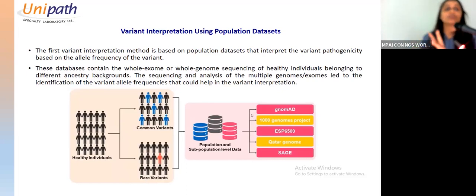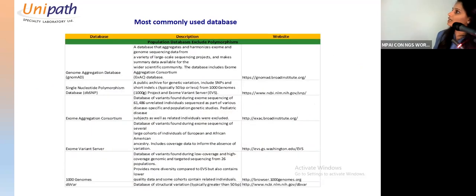If you are checking, it's necessary to first check the global frequency. Along with that, you need to check SAS, the South Asian population, because some of the population is very much Indian. So that's why you can make decisions on that basis. These are the list of databases which can be used for filtration of the variants.